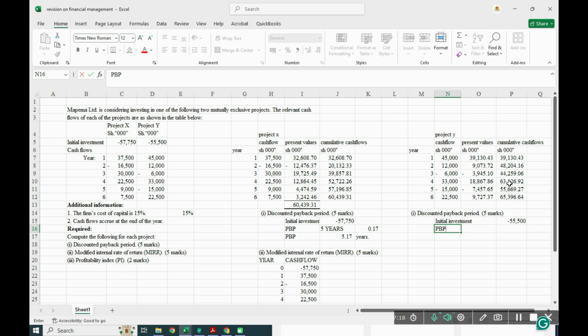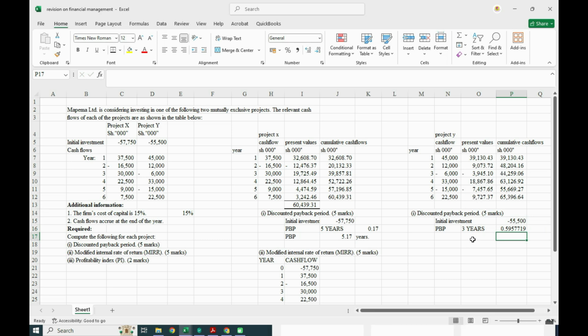it in year 4, not even in year 4, in year 3. In year 3 already we are able to recover that, because here we have 44 and the balance, so we shall have 3 years, and the balance here we shall take this one. I'll put a negative, the initial, and we minus the 44, which we shall be able to recover over year 4, so 0.30.